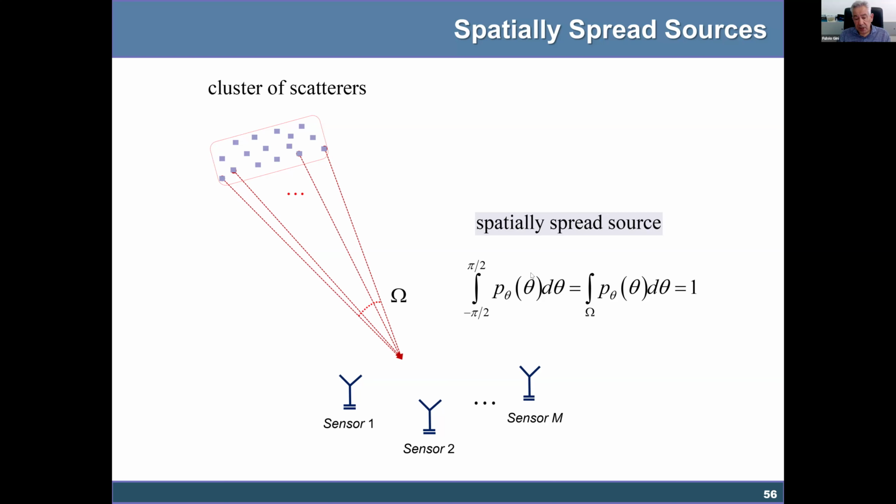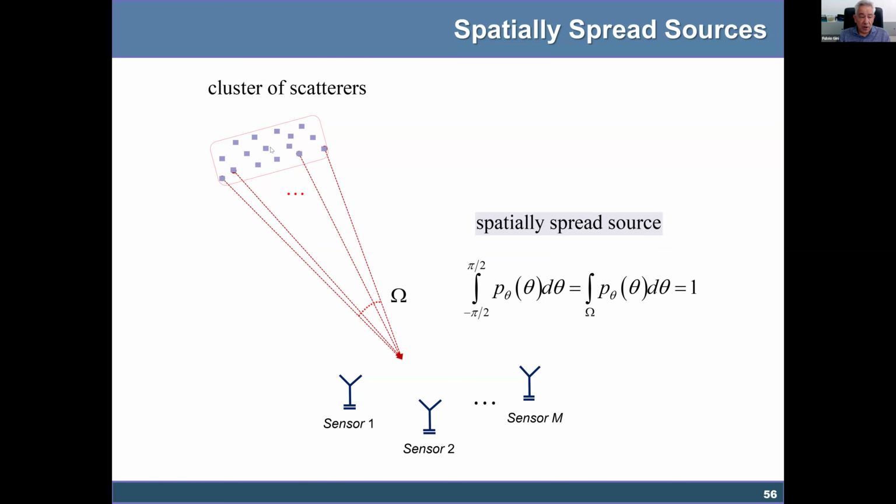And so P of theta is a function that describes how the power generated changes as a function of the direction of arrival theta. Now, if the scatterers are all contained in the sector omega, the area of this distribution over the sector should be normalized equal to 1. So it's a normalized distribution of the power.